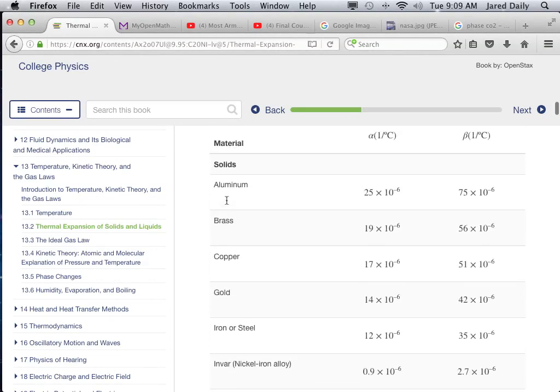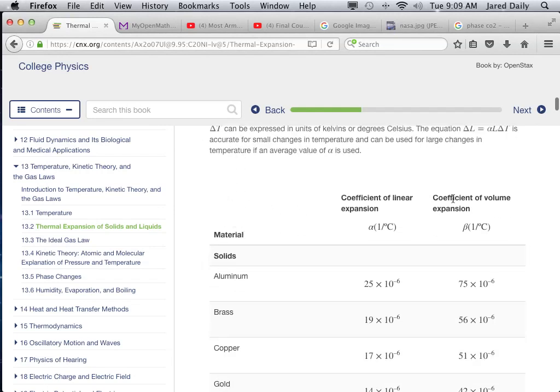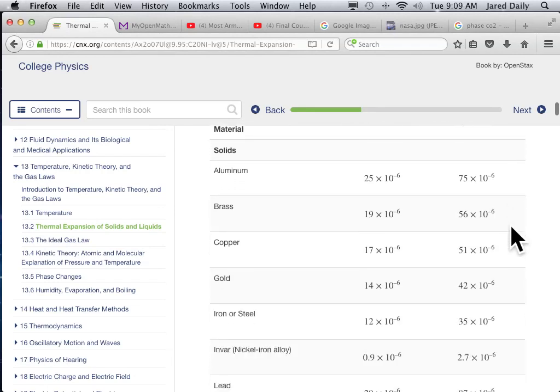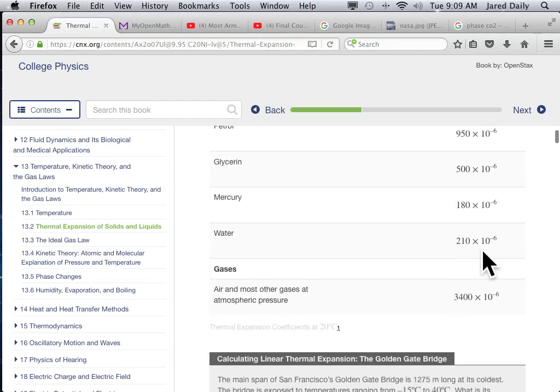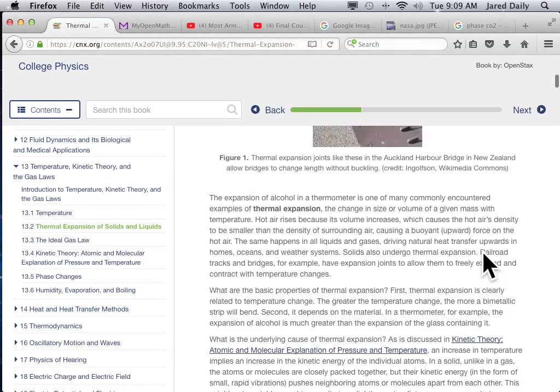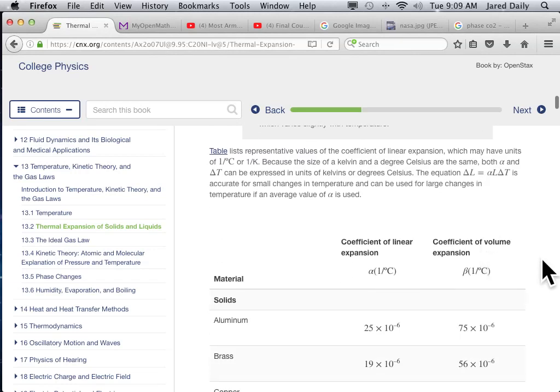Right here, we have the coefficient of volume expansion for water. Coffee is mostly water, so we'll use water, which is 210 times 10 to the minus 6. 210 times 10 to the minus 6 is our beta, per degree Celsius, right?